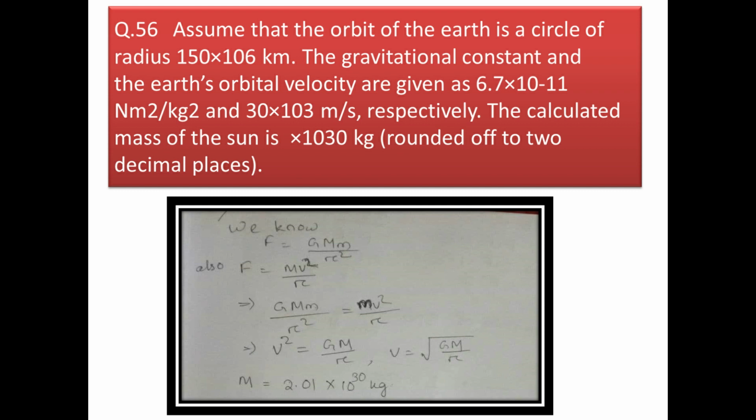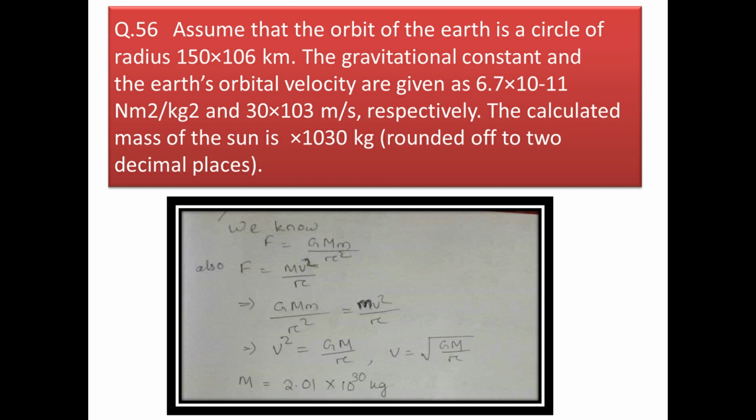Next question. Assume that the orbit of the earth is a circle of radius 150 into 10^6 kilometer. Then the gravitational constant and the earth's orbital velocity are given as 6.67 into 10 to the power minus 11 and 30 into 10 to the power 3 meters per second respectively. Then the calculated mass of the sun is dash into 10 to the power 30 kg.